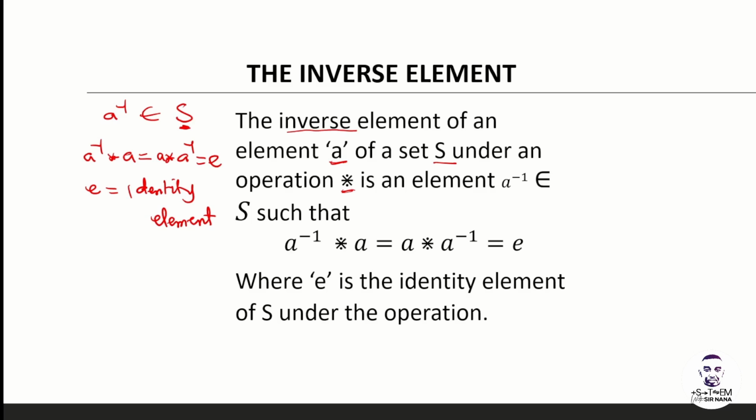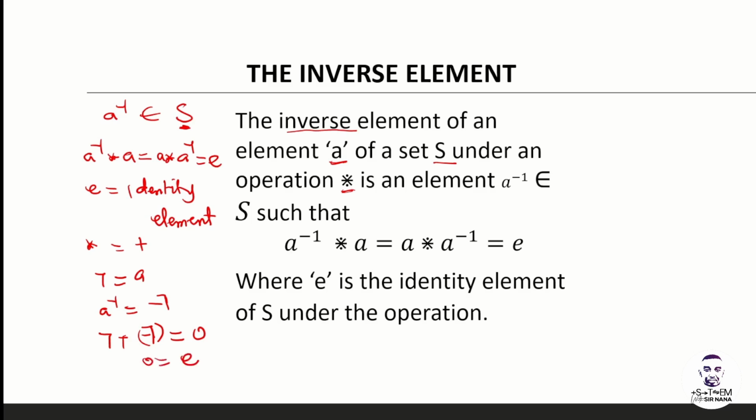So let's compare it with real variables so that you can understand it better. Let's assume that our operation here is addition, and we are considering the number 7 as our A. So our A inverse will be equal to -7, because for addition, if you have 7, we can add -7 to give us 0. So our 0 represents our identity element.